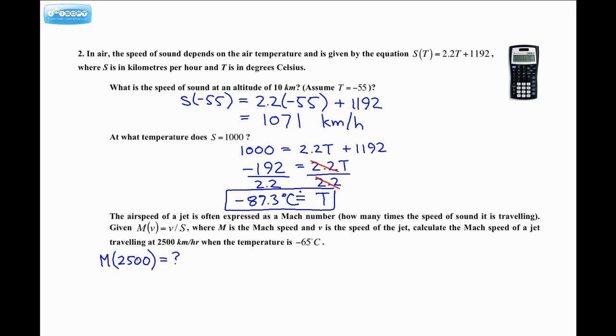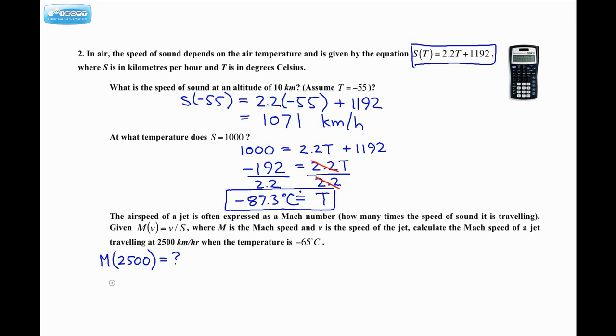Okay. Well, we could plug that in here, but then we'd have to divide it by S. Well, we don't know what the speed of sound is, so we actually have to work that out first. So we know S is defined up here. So let's figure out what the speed of sound is at this temperature.